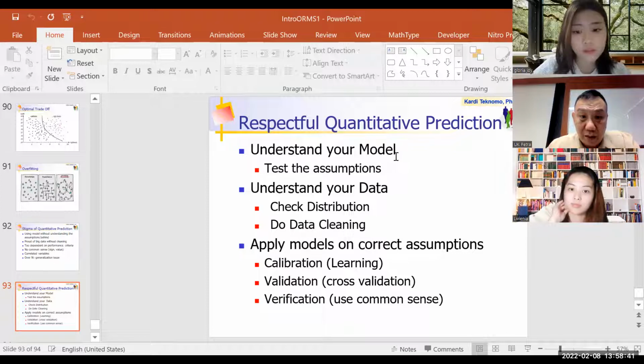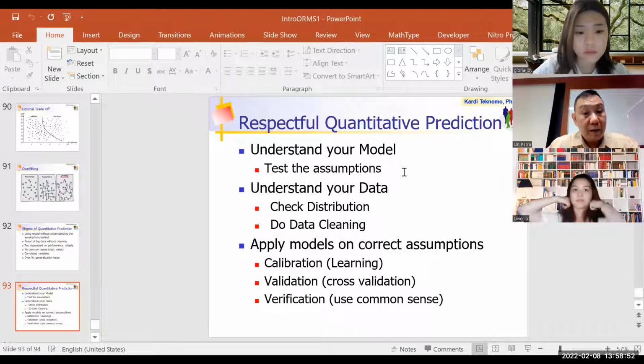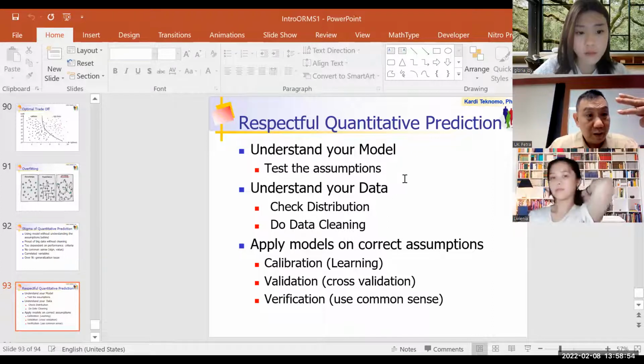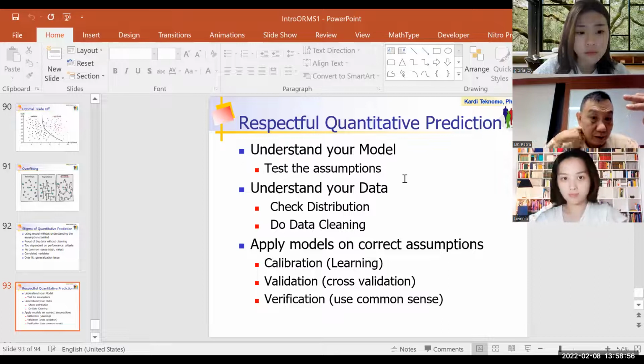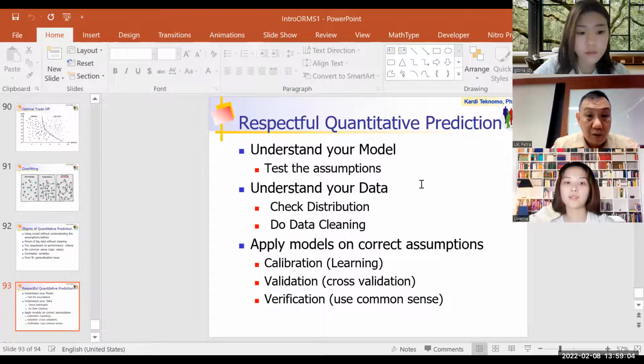If you want to understand the model, test your assumption. Okay? Check the distribution, do data cleaning, and when you apply the model, remember you do three things. First is to calibrate. Second is to validate. And the last one is use your common sense to verify whether your model is correct or not.